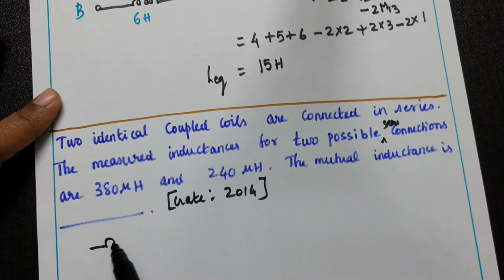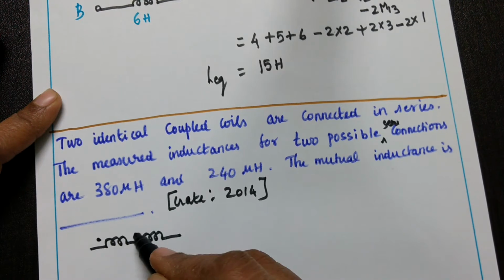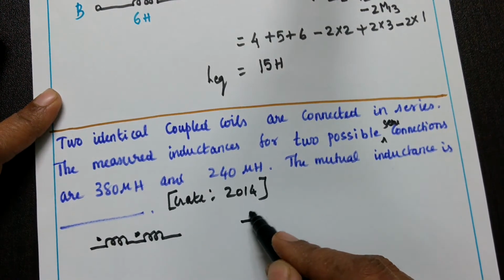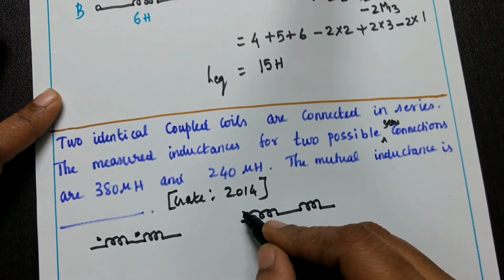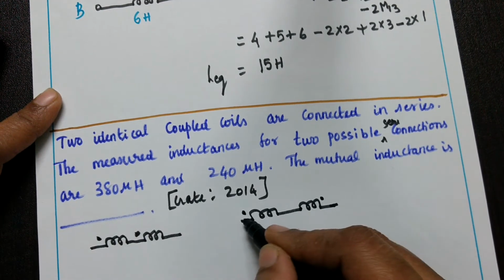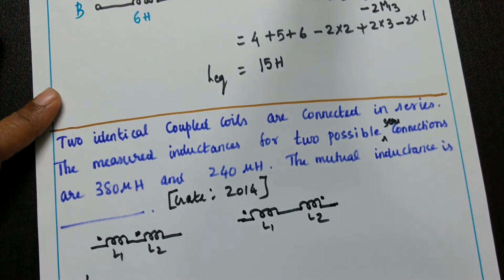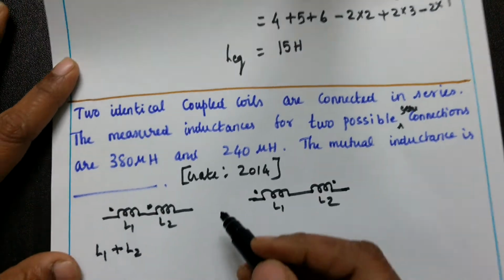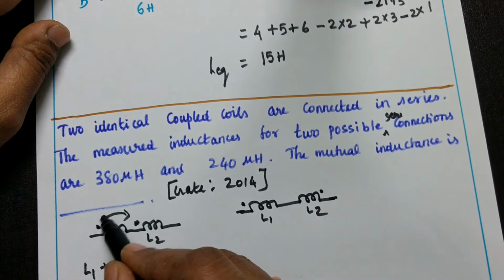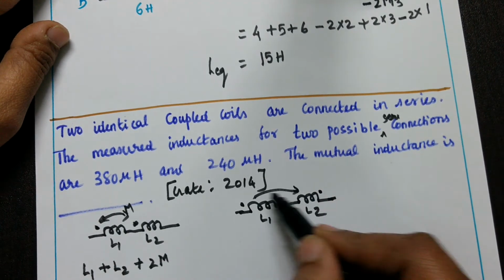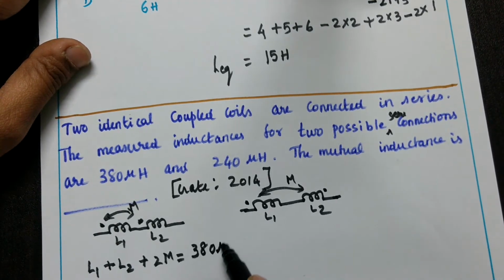Series aiding means additive connection, where current enters at the dotted ends. Series opposing is the subtractive connection, where current enters at one dotted end and leaves at the other. So for the additive connection, L equivalent is equal to L1 plus L2 plus 2M, that is given as 380 microhenry.